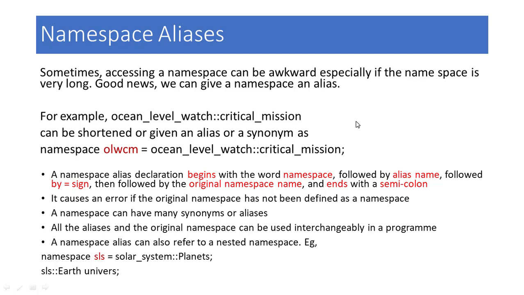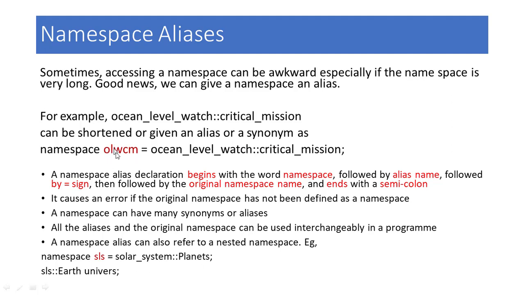It's easy to do. For example, in our application, we have ocean_level_watch, which is our namespace. Now using the scope resolution operator, ::critical_mission. This is a long namespace. So we can shorten it or give it an alias or a synonym as namespace OLWCM.